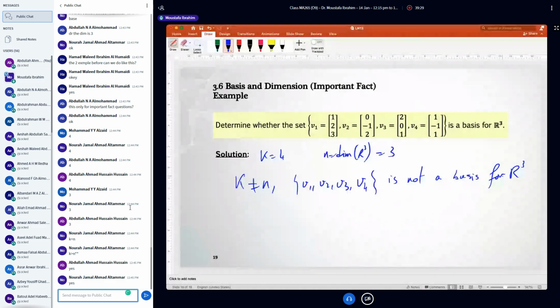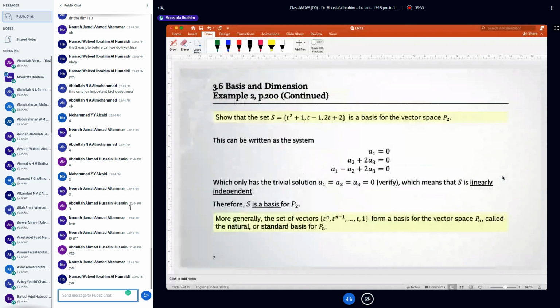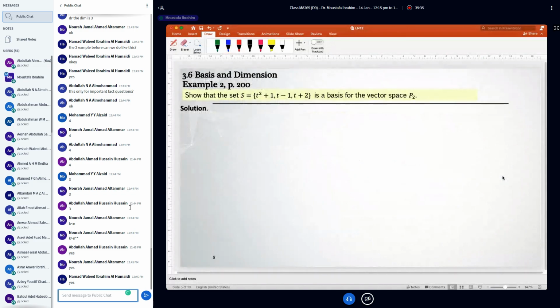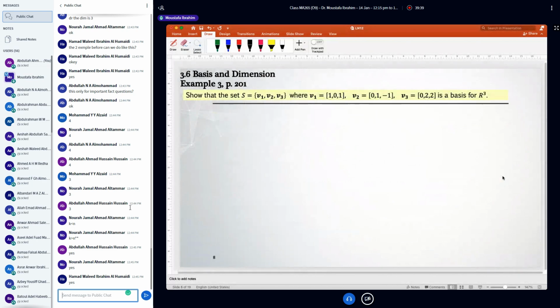Look, for example, if we go back to the previous lecture on Monday and Tuesday, here we took this example, V1, V2, V3, and we proved its basis. We did span plus linearly independent. But now, let's redo it.